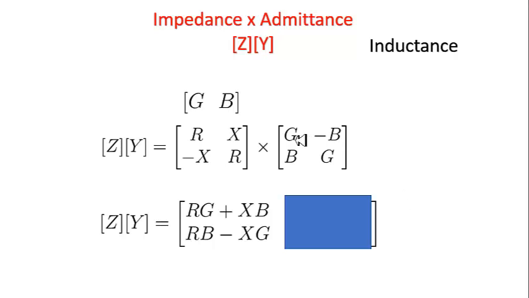Clearly you can see that we have R times G plus X times B in the upper left corner. Then we go down and multiply this by this. So we've got positive R times B, which I put here, and negative X times G, which I put here, and I write it as RB minus XG.